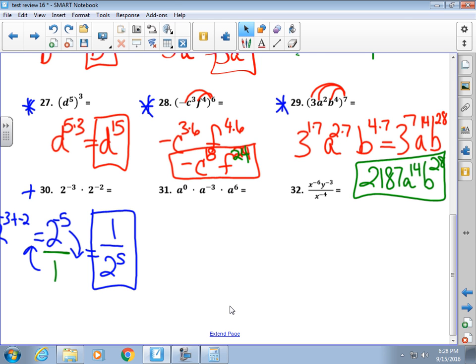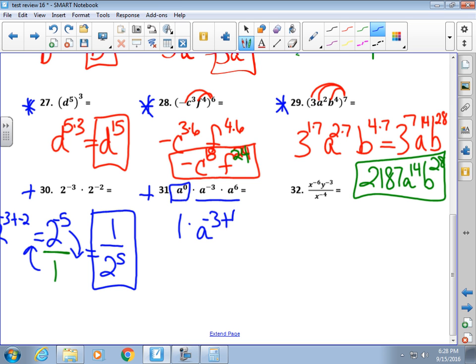If I know anything about my exponent laws, I know anything to the 0 power is 1. So I know that's just going to be 1. And then right here, I'm multiplying, so I add those exponents. So 1 times a to the negative 3 plus 6. So 1 times anything is that number, so I have a to the third power.